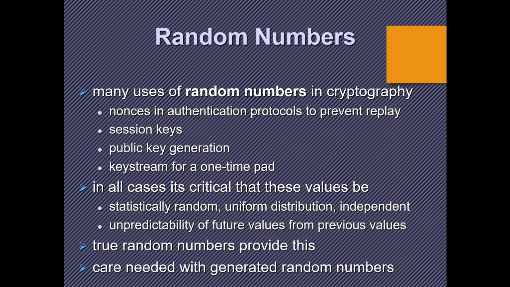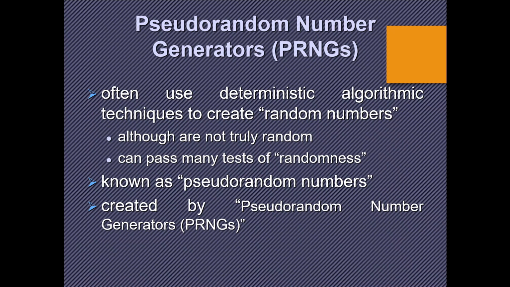True random numbers are seldom used. Rather, sequences of numbers that appear to be random are generated by some algorithm. Here let us see some random number generators which help in the production of pseudo-random numbers. Cryptographic applications typically make use of deterministic algorithmic techniques for random number generation.